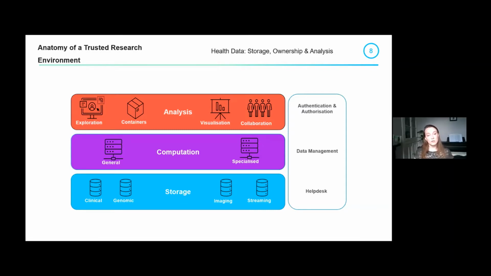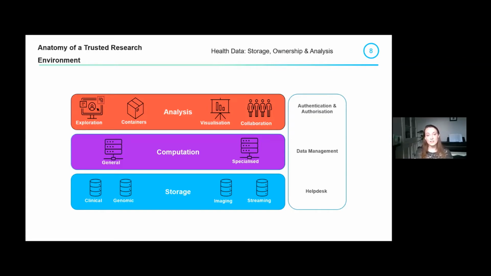So then, of course, you get the computational layer, which helps with analysis. And of course, it comes in different flavors, depending on whether you need an efficient database query or analytics run on a 100 gigabyte human genome file. The aim of the research environment is to provide a safe and efficient platform for data exploration and analysis.